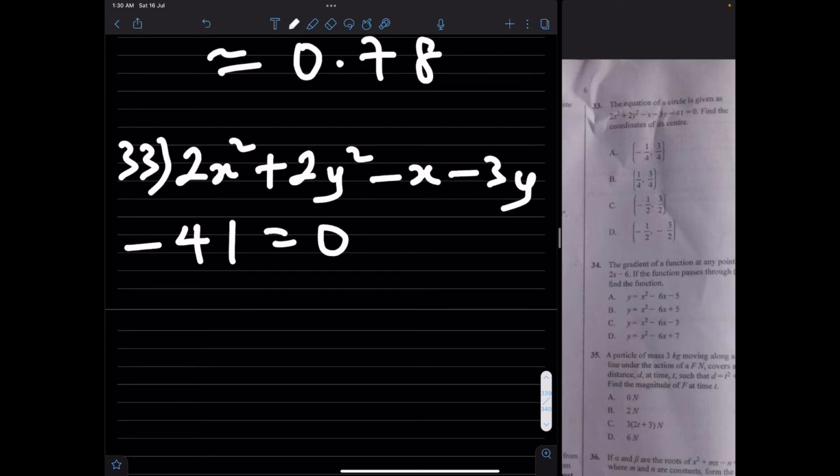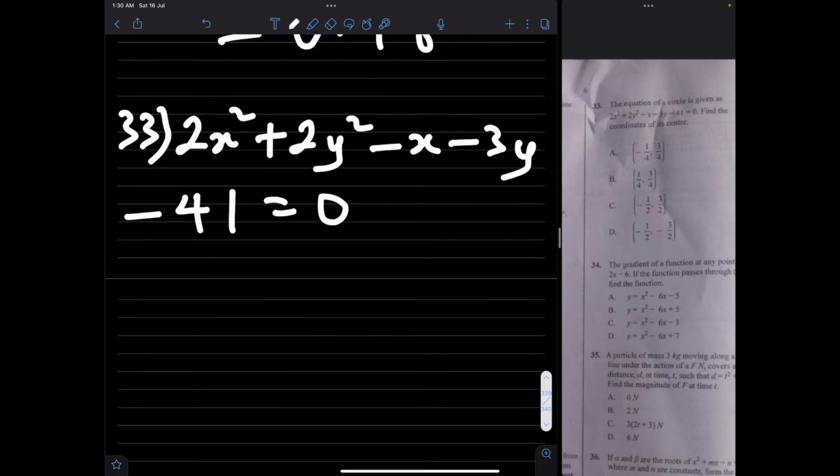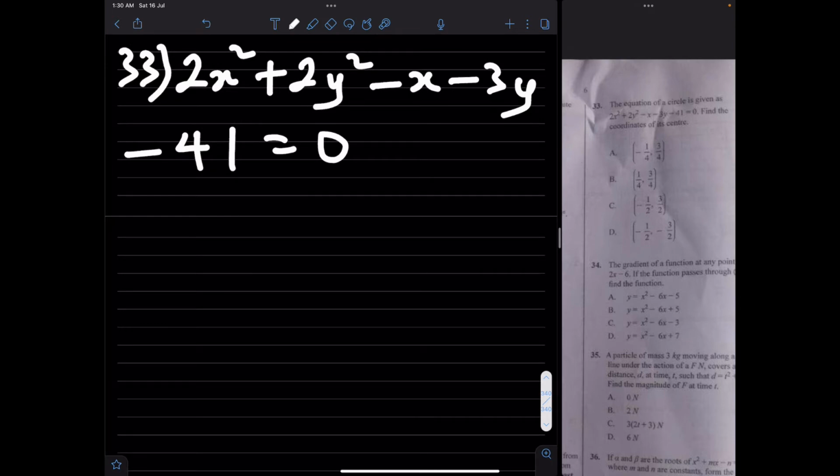The equation of a circle is given as 2x squared plus 2y squared minus x minus 3y minus 41 equals 0. Find the coordinates of its center. Okay, that's simple. We just write the equation of a circle in the general form of a circle, so that we can determine what the center of the circle is.